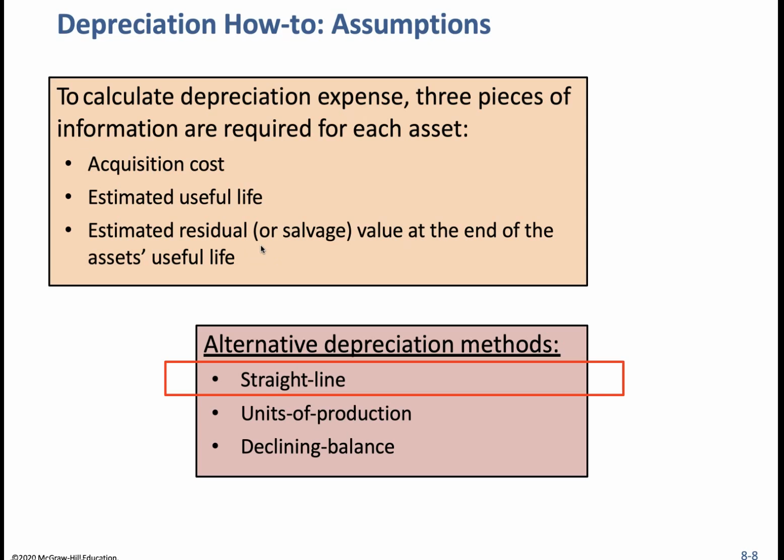You can send the car to a salvage yard, and the scrap yard will give you some money back for the piece of metal you sell to them. That is called the salvage value or the residual value at the end of the useful life. These three pieces of information will be used when we calculate the asset's depreciation.